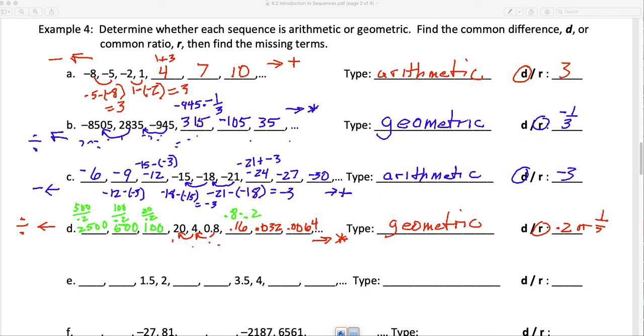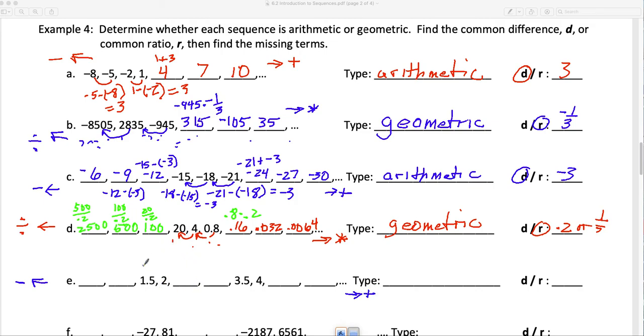All right, let's switch this back to a blue pen for a minute. Let's see if we can see what we want to do first, if we want to divide first, or if we want to subtract first. 1.5 and 2, 3.5 and 4. On a hunch, I think that we should subtract. I think that's going to be our best bet. So we're going to subtract backwards, and this time I'm going to write it correctly, which means that when I get up here to increase this way, I'm going to add going forward.